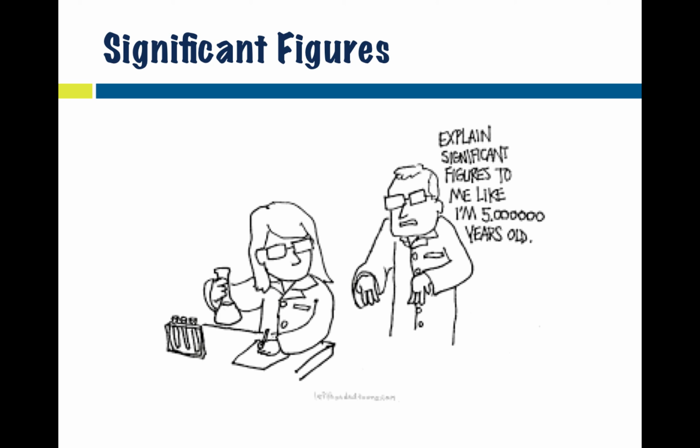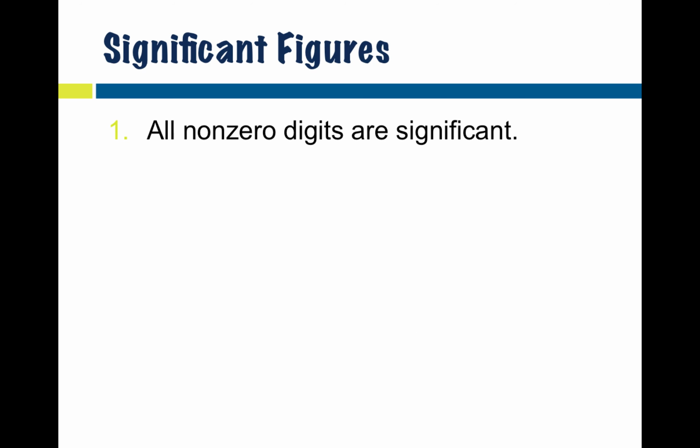So now that we've looked at significant figures in measurement, let's see how this significance is expressed in numbers and calculations. In working with measurements, there are always a number of rules that govern the correct use of significant figures.